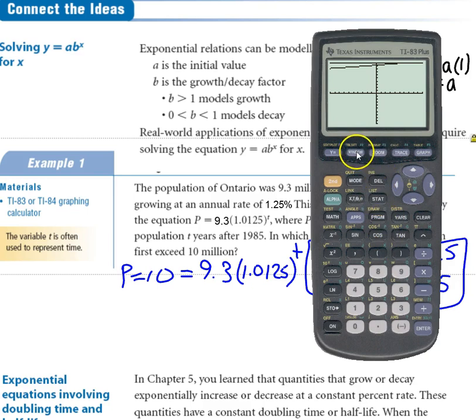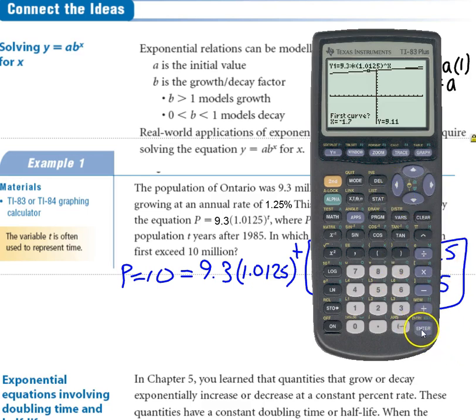You can see here that my solution is really close to the top, so I'm just going to step in and bump up the y max to something a little bit more than 10, and then I can regraph, and at that point I should be able to see the point of intersection on my graph. I could either readjust the window, or I can just apply the second trace, option number 5.